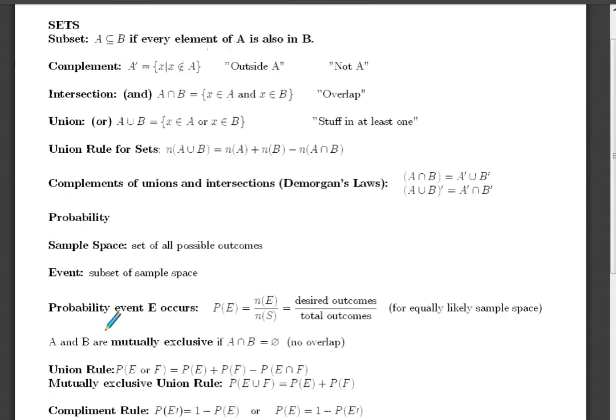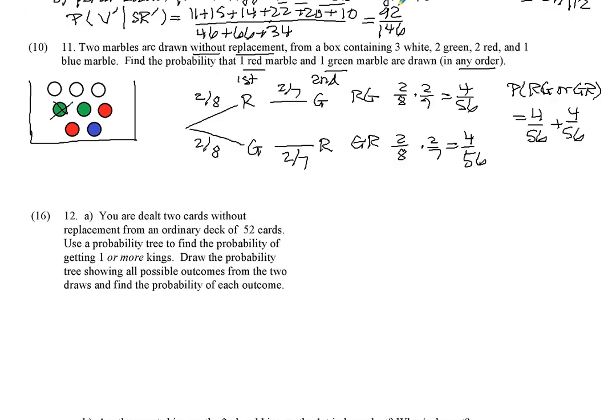Remember, addition rule here, union rule or addition rule. Probability of E or F is the probability of the 2 events, subtract out the overlap, or if they're exclusive here, then you're just adding the 2 probabilities. And for us, these are exclusive because you can't get red first, green second, and green first, red second at the same time. So we just add these guys up. So 8 out of 56.